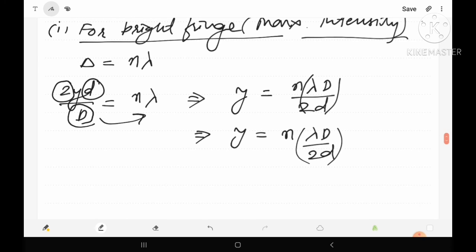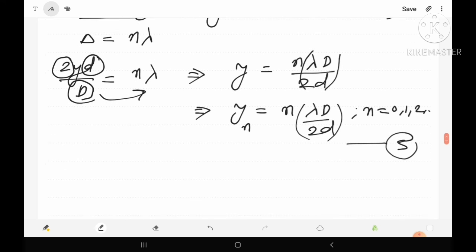Because n varies from 1, 2, 3, etc., here yn is the position of the nth bright fringe. Suppose this is equation number 5.